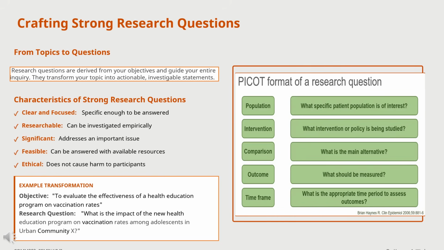Additionally, a good research question should define the population of the study, the nature of the intervention, then the type of study or comparative study, then the study outcome, and the appropriate time period to assess the outcome.